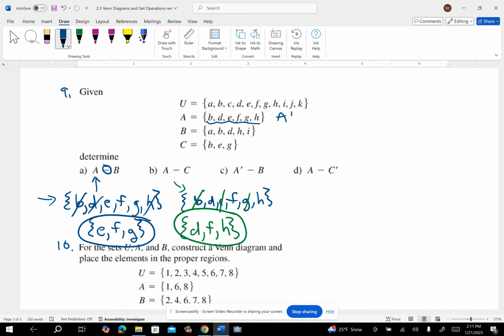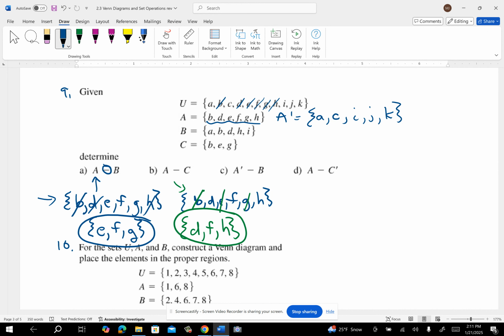And the universal set is all the letters from A to K. So I would need the A, the C, so I'm thinking A, B, C, D, E, F, G, H. I would need the I, the J, and the K. Okay, so I could have done that by crossing out the B, the D, the E, F, G, H, and then taking all the elements that were left.